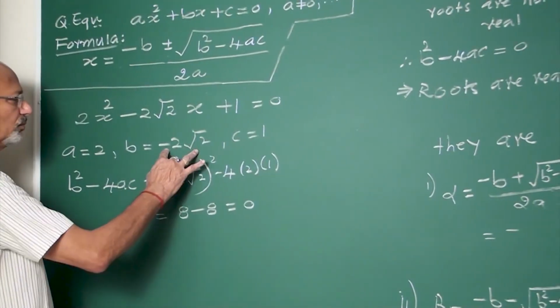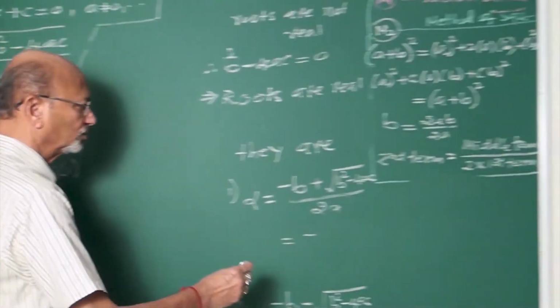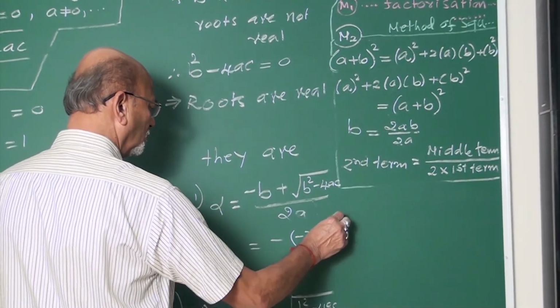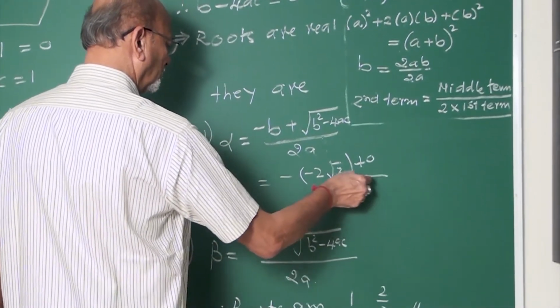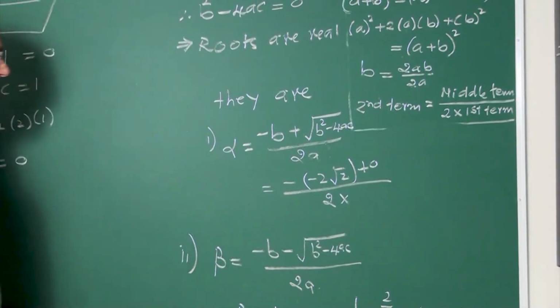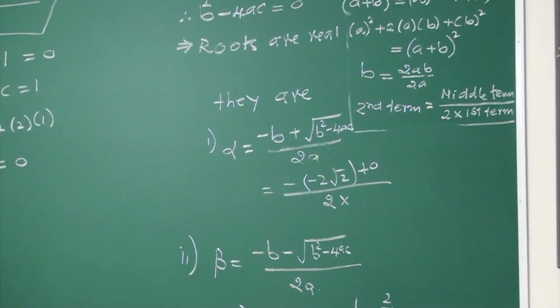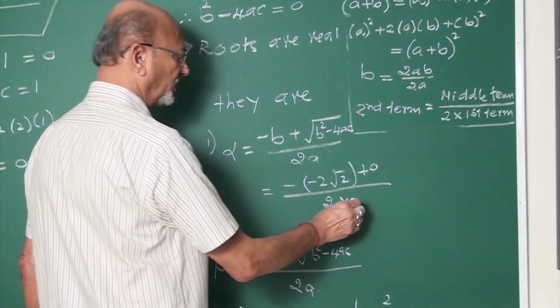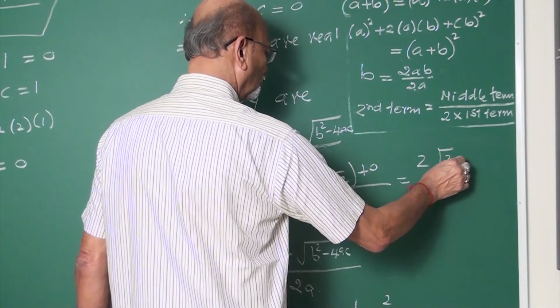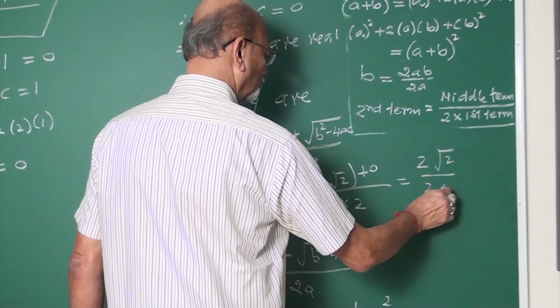B is minus 2 root 2. This is minus of minus 2 root 2 plus 0. Denominator is 2A. What is the value of A? A is 2. Simplify it. This is minus of minus, plus 2 root 2 upon 2 into 2.